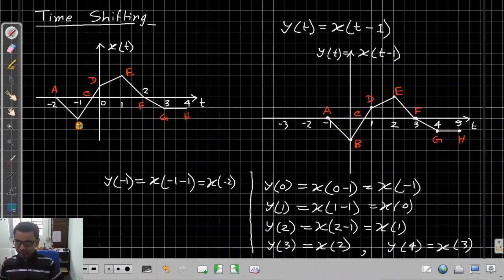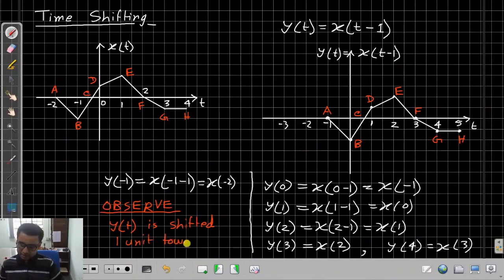Okay, point B was at minus 1, now point B is at 0. So observe, y(t) is shifted 1 unit towards right. Okay.